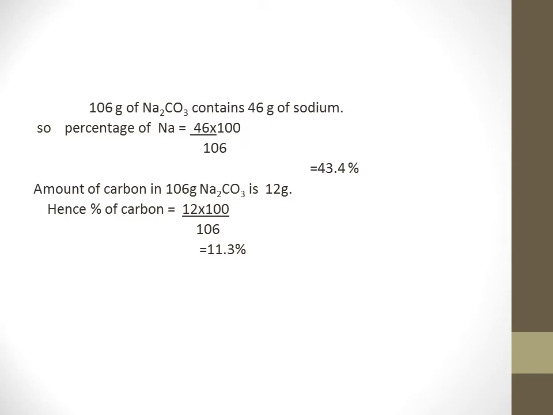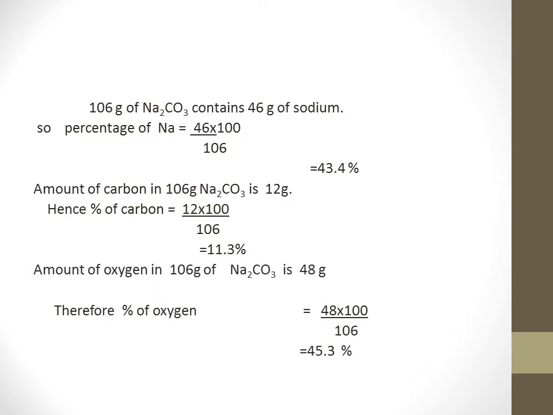Then the next element is oxygen. Therefore let us find out the percentage of oxygen. Amount of oxygen in 106 grams of sodium carbonate is 48. Therefore percentage of oxygen is equal to 48 into 100 divided by 106, which is equal to 45.3 percent.